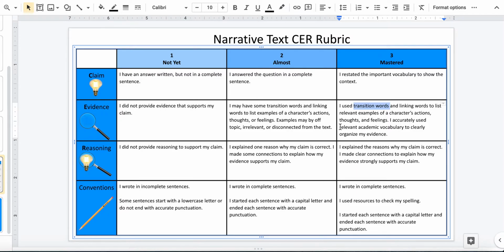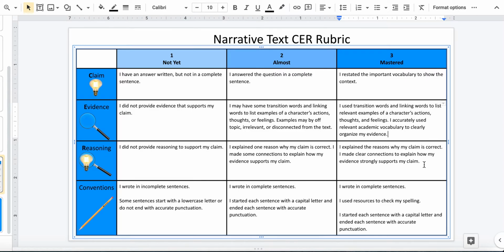I see that relevant academic vocabulary will help me organize my evidence. It's going to be important that when I'm looking for evidence, I only grab relevant examples of a character's actions, thoughts, and feelings. So it's important that the evidence is connected to my opinion.